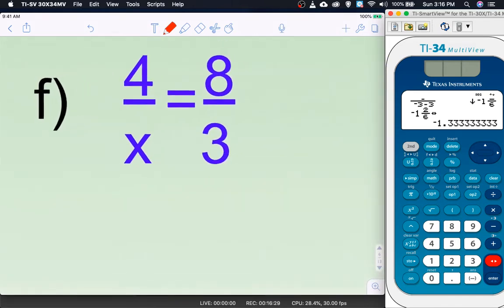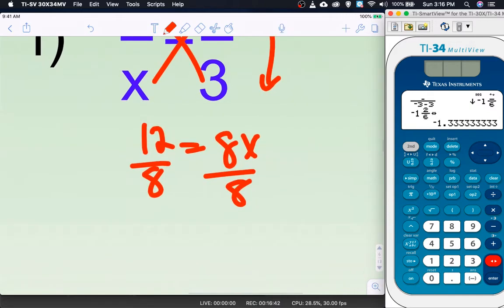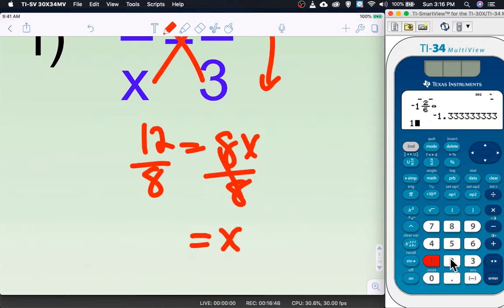Letter F was much easier. This was kind of an old school cross multiply. Over here we've got 8x. On the left-hand side we're going to get 12. I'm going to divide by 8 on both sides, and we get x equals like 1.5 something. 12 divided by 8 equals 1.5.